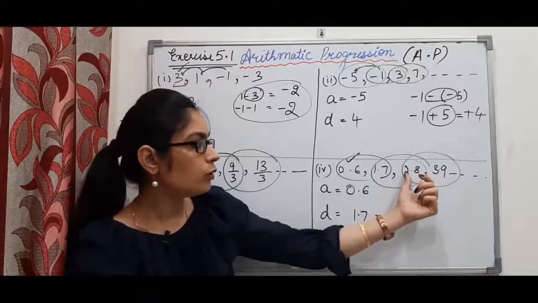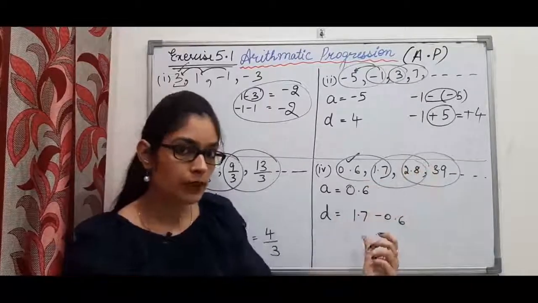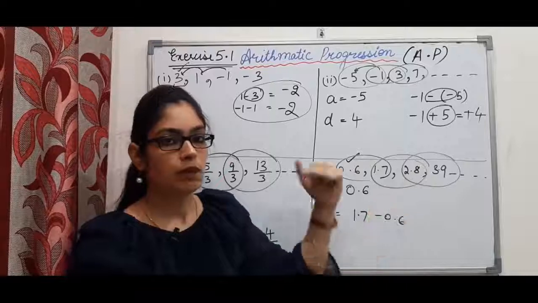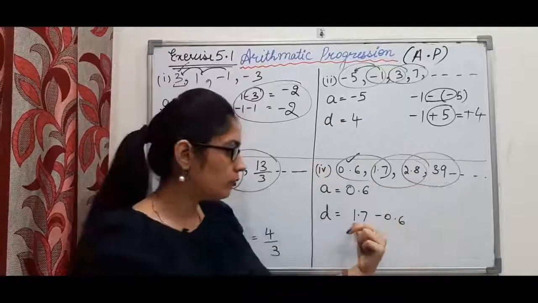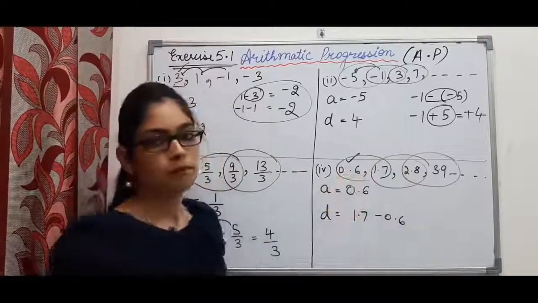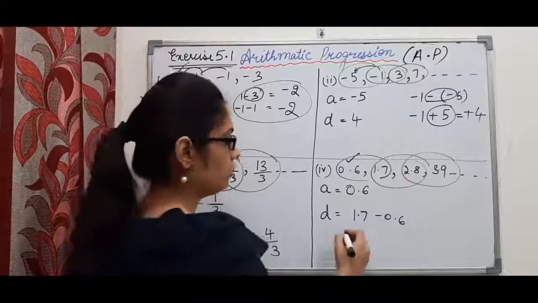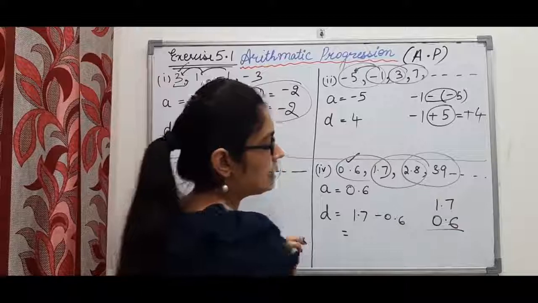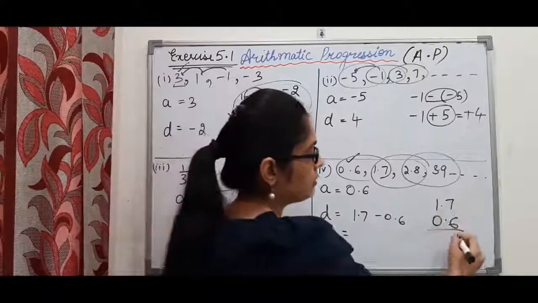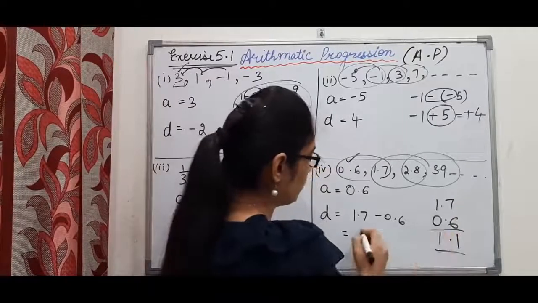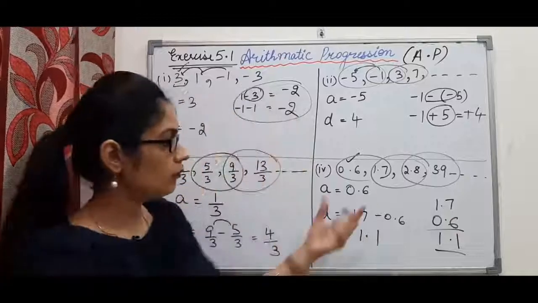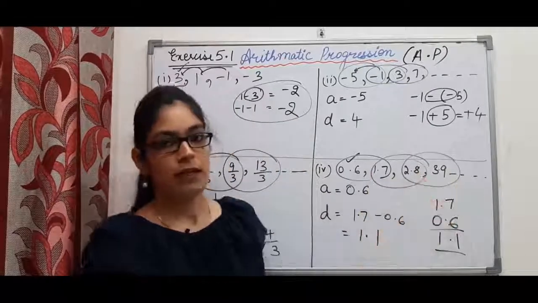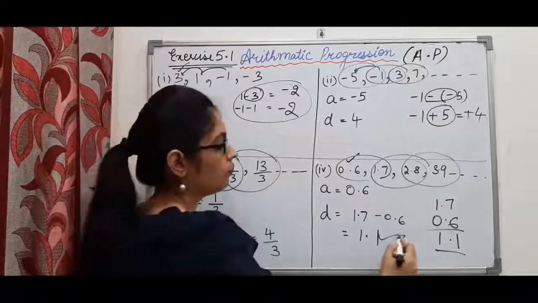If these two, then 2.8 minus 1.7. The successive term, the term which comes afterwards, should be written first and then the previous term. In this way you have to do subtraction. So 1.7 minus 0.6, 7 minus 6 is 1, so it's 1.1. You can try with these two also, and you will get the common difference as 1.1.